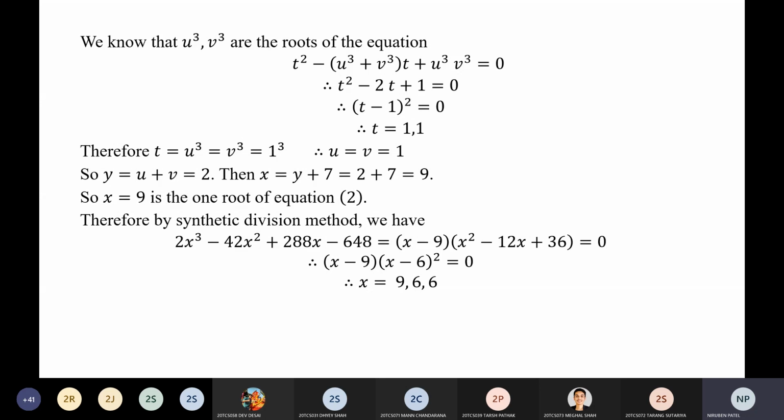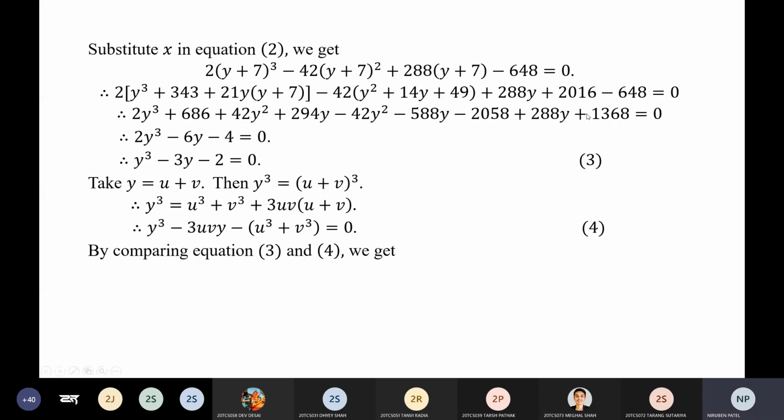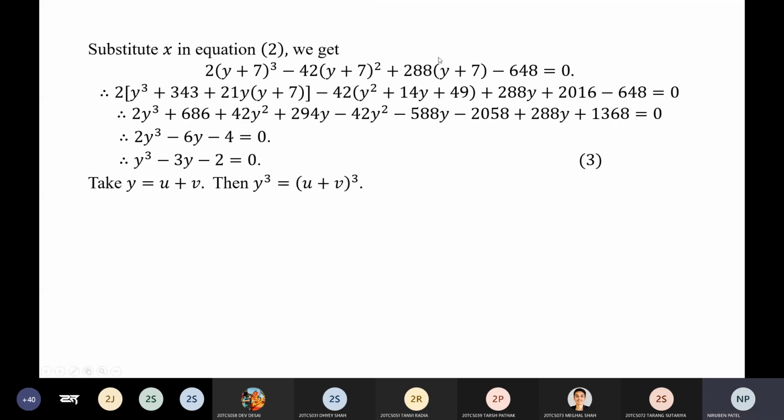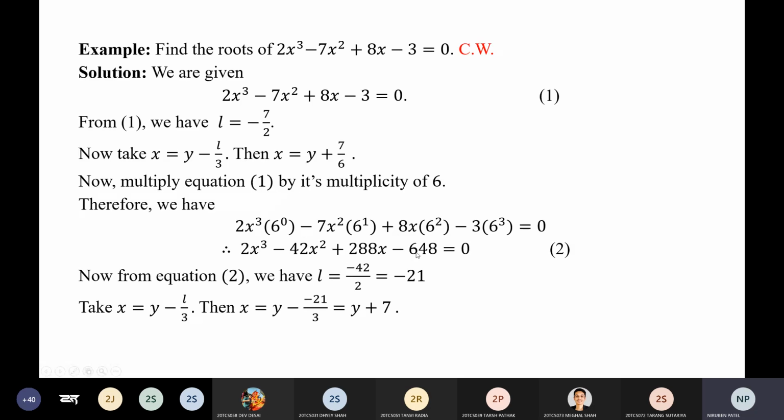Hello? So just look here. 9, 6, 6 are roots of this equation, equation 2.